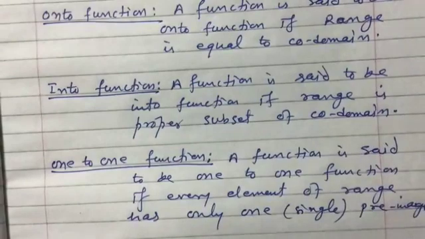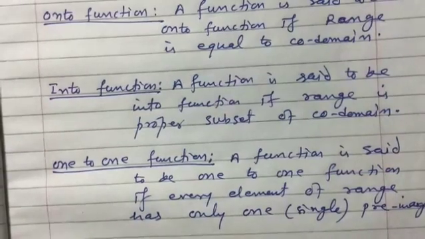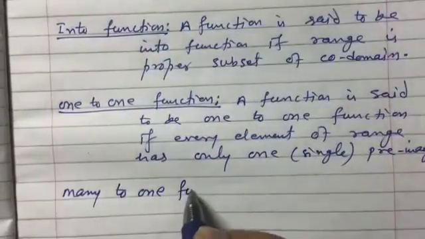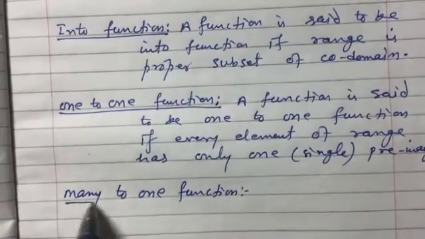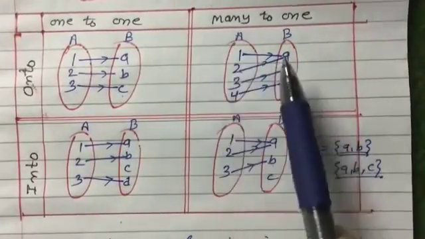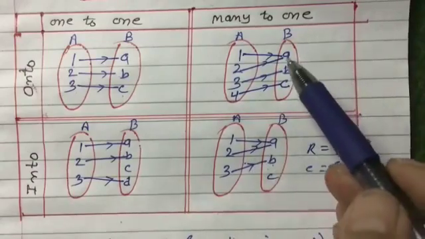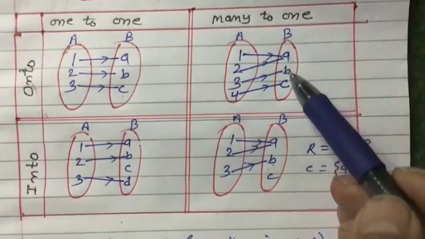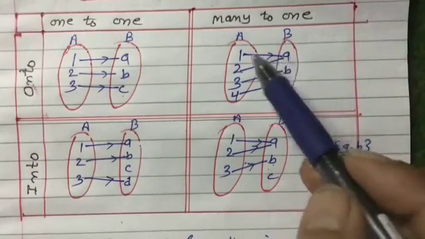Now after this we have to define many-to-one function. Let us define many-to-one function also. Now look at this example again. Many-to-one function, this and this. How is it many-to-one? Here the elements in the range are A, B and C. So at least one element has got more than one pre-image.